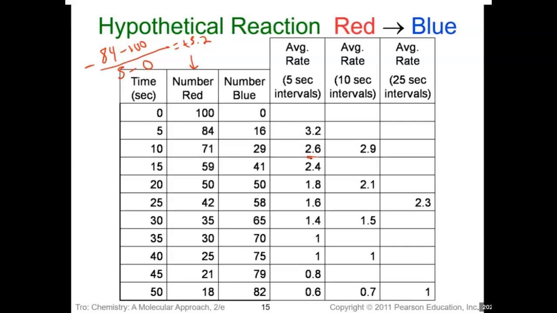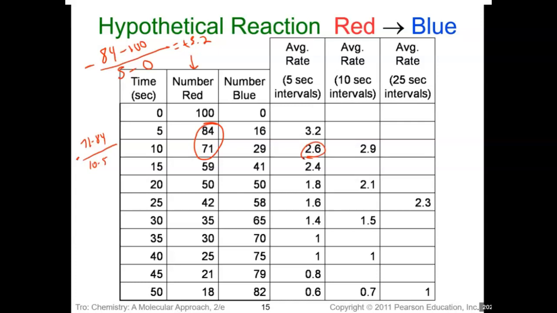That's going to be the difference between 71 minus 84 over 10 minus 5. 71 minus 84. And you get, again, you have to put a negative and you get 2.6.